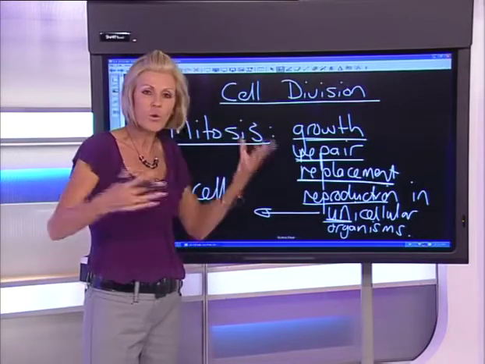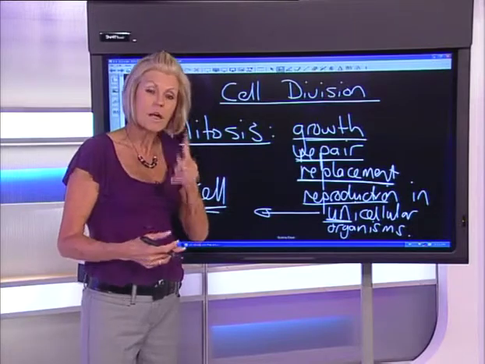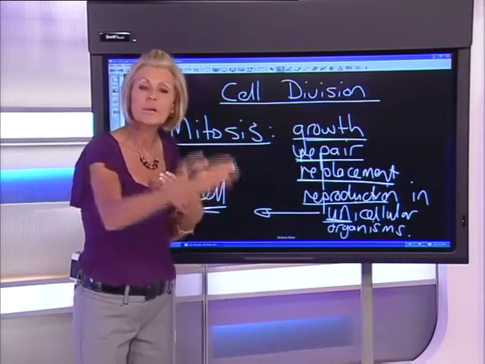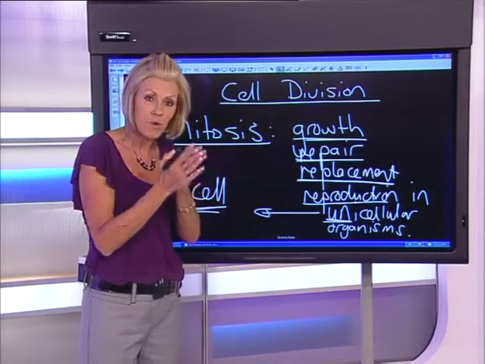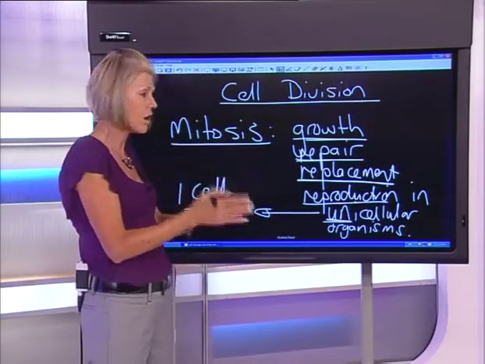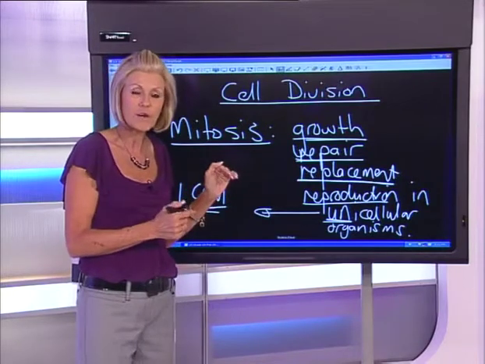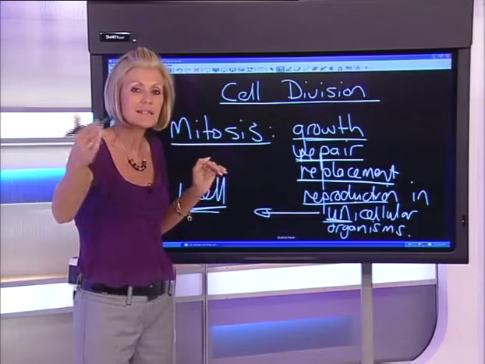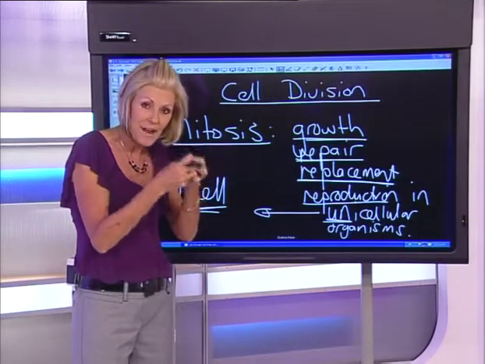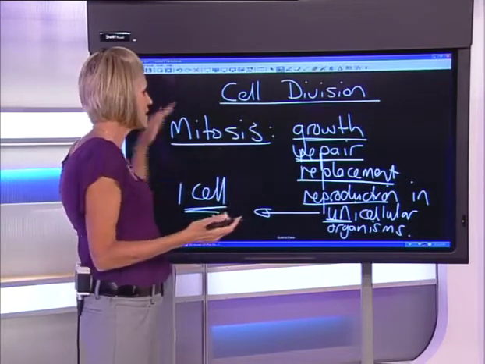It's just one little cell. So if it wants to duplicate itself or make more of itself, it must undergo a process of mitosis, all right? And we call that binary fission, which you will do at a later stage, but it means to make another of that cell. So this is mitosis.